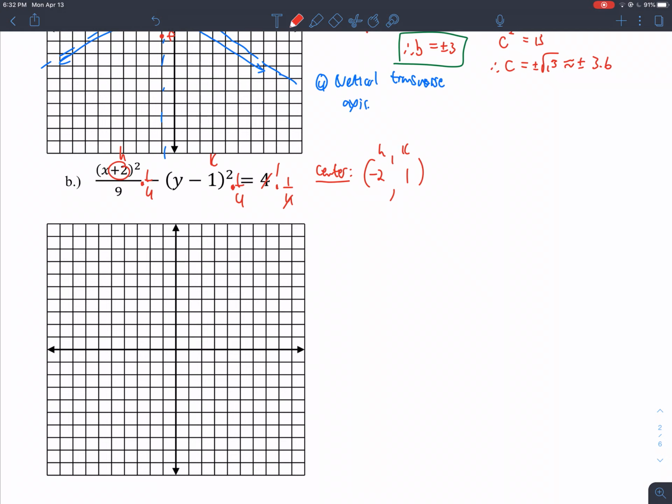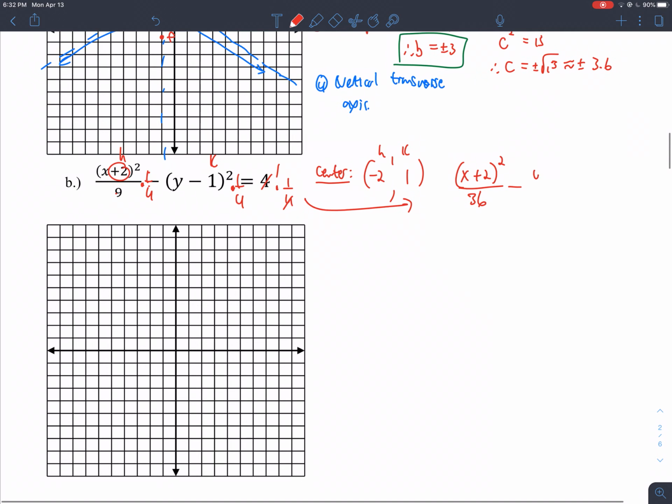So my new equation, I probably should write this over here. My new equation would be x, not x squared, x plus 2 squared over, and a fourth times a ninth is a 36th, okay, minus, and then this one would just be y minus 1 squared over 4 equals what? All right.